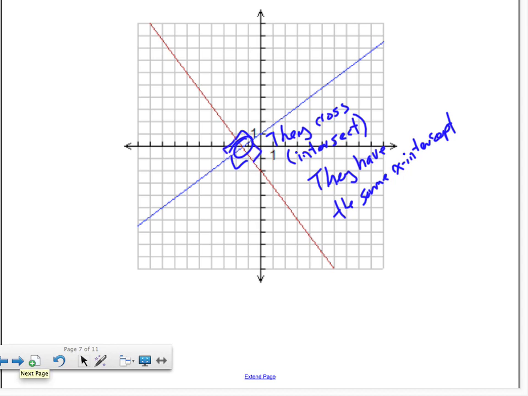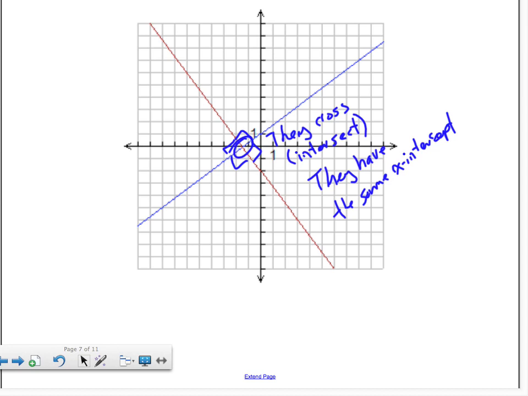So we have two lines that are intersecting at 90 degrees. 90 degrees is something very special. You'll learn lots more about it next year, with triangles and stuff like that. But 90-degree angles have a special property. We're going to focus a lot on that later on, in future years.